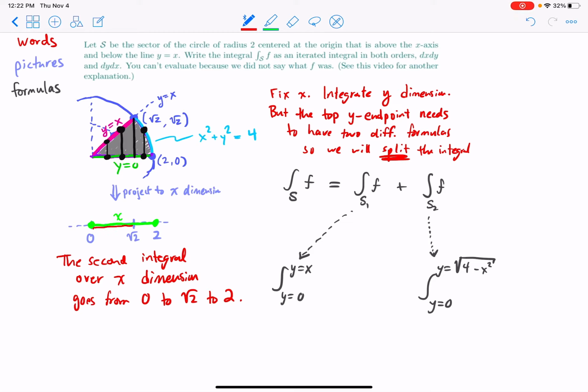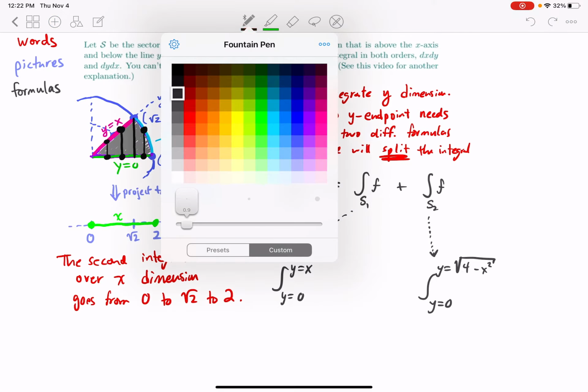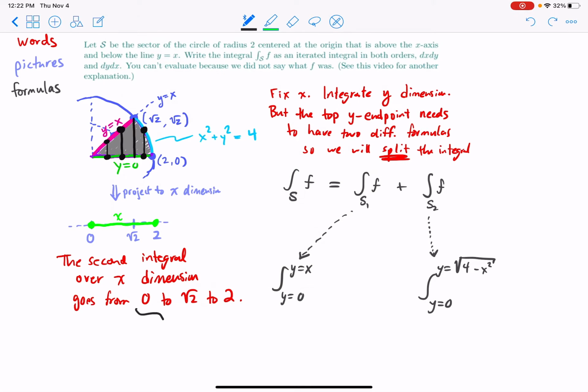So it has this piece, and then it has that piece. And so this is how the formula will go: here will go from x equals 0 to x equals root 2, whereas from root 2 to 2 will go x equals root 2 all the way up to x equals 2. And so that's this piece here.